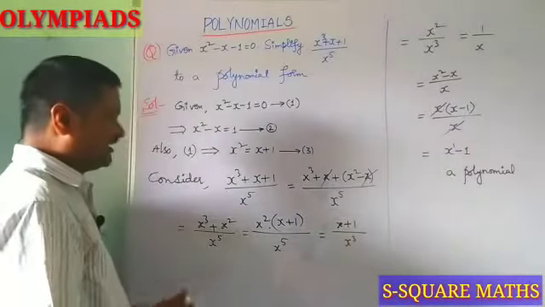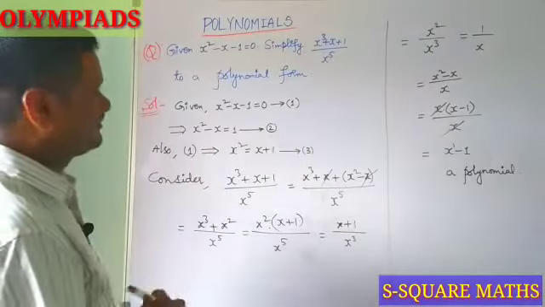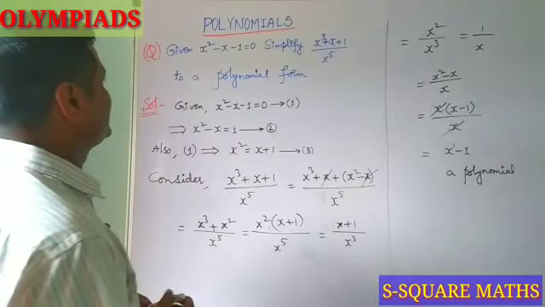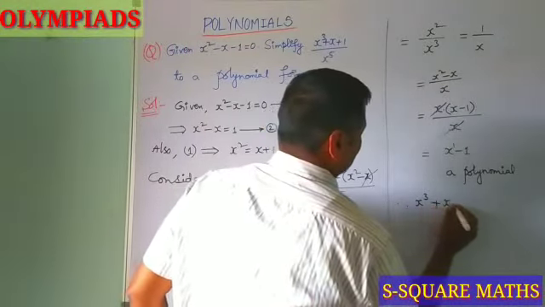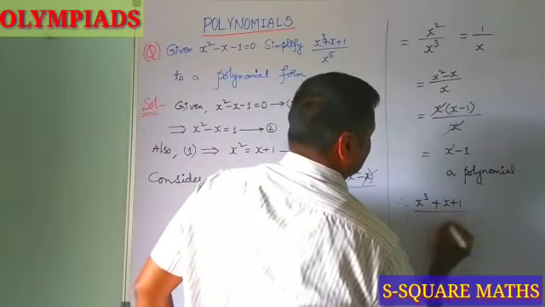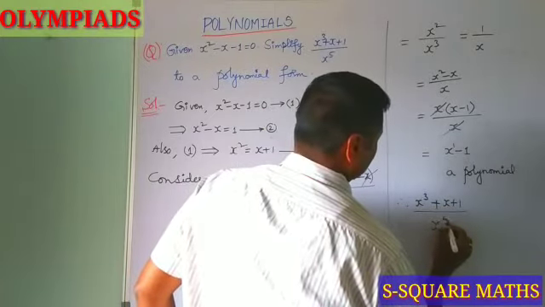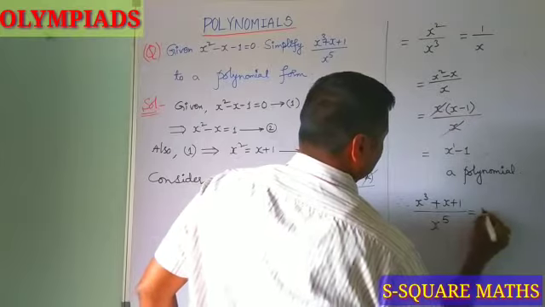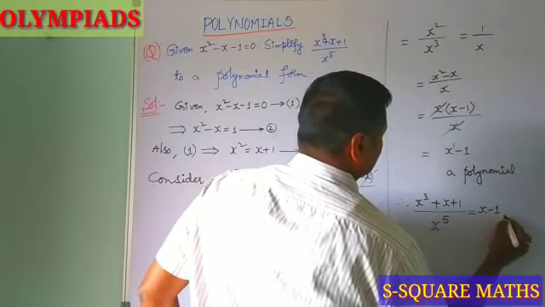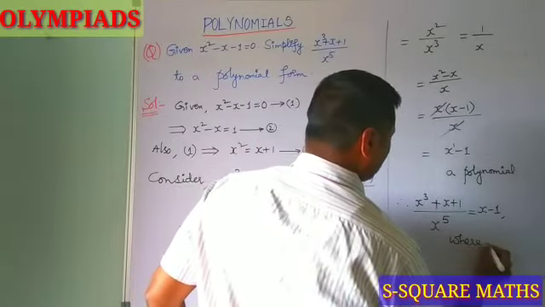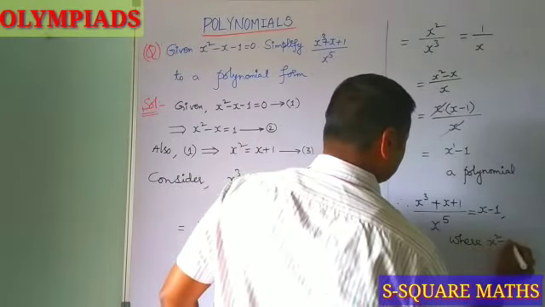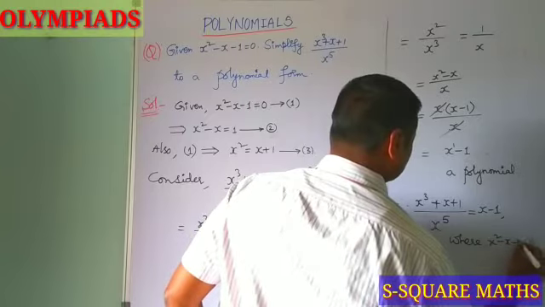So in this way we can overcome the steps, and therefore I can write now x cube plus x plus 1 by x power 5 is nothing but x minus 1, where we got this by using x square minus x minus 1 is equal to 0.